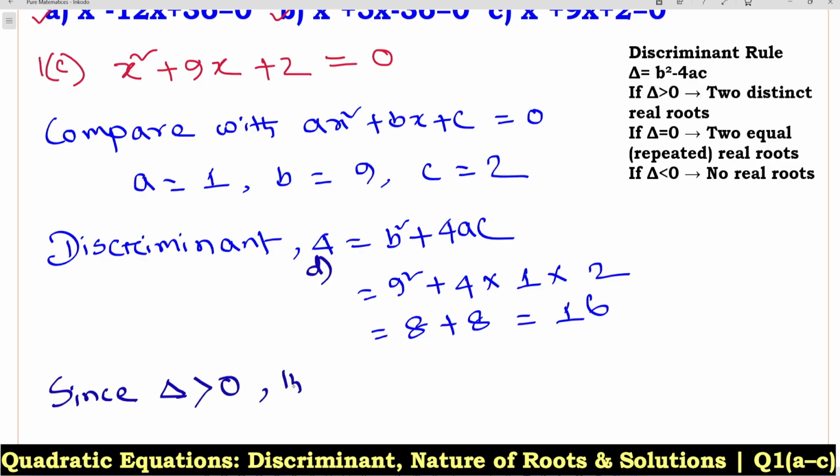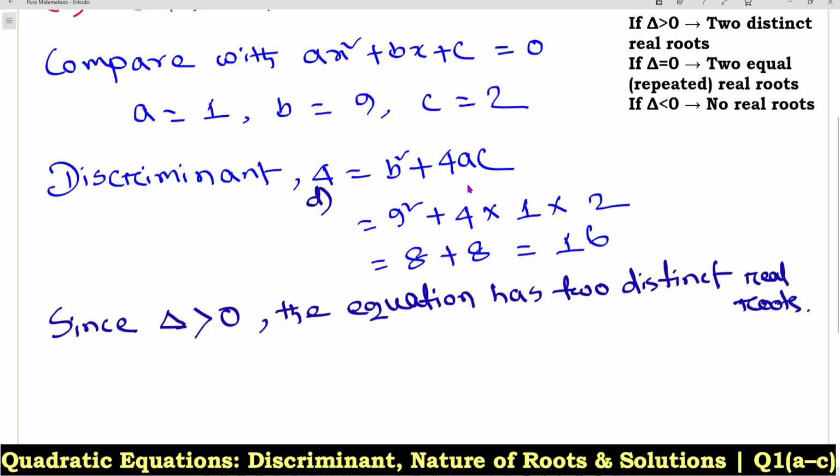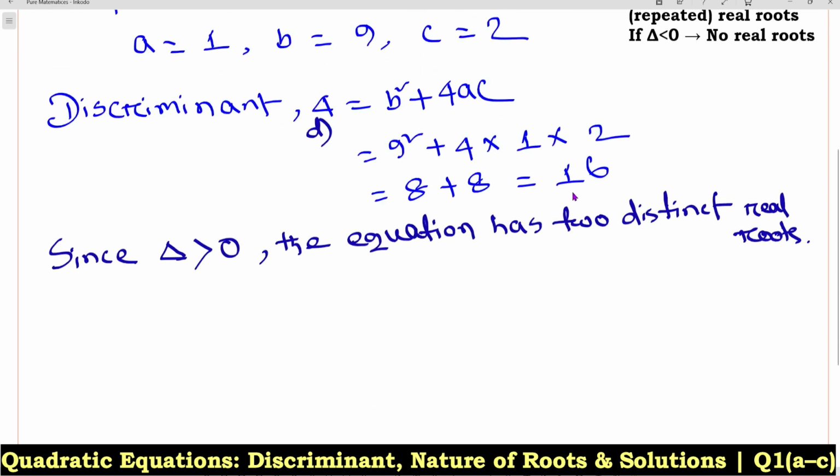It means the equation has two distinct real roots. So here are the two parts. First part: we have to find the discriminant for each equation and hence decide if the equation has two distinct roots, two real roots, or no real roots. Here there are two real roots.